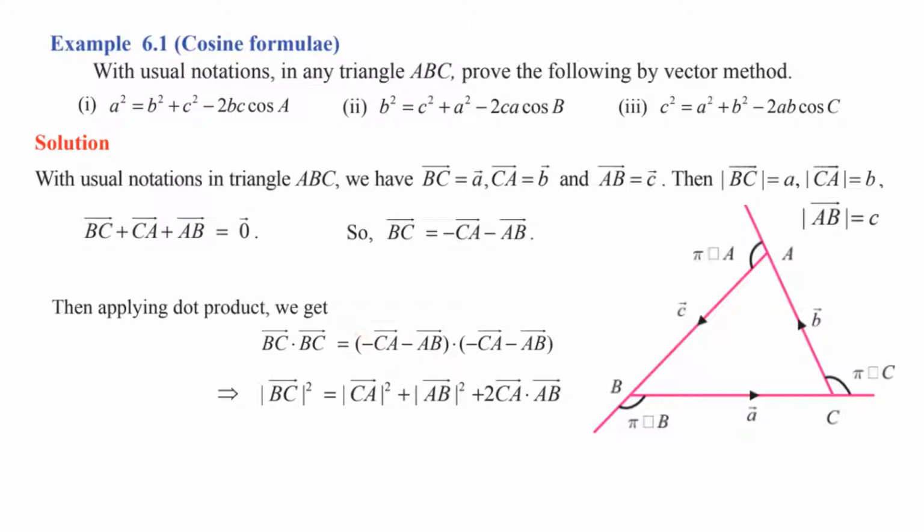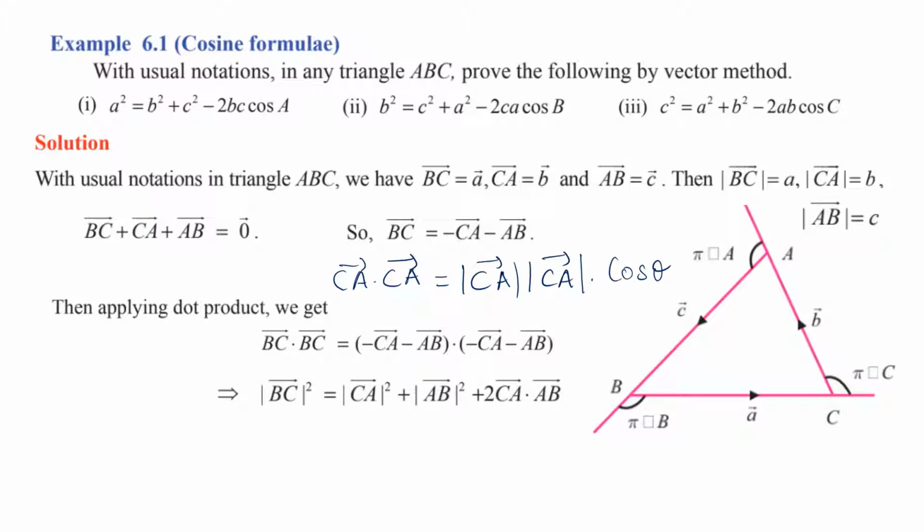Now, let me just narrate this for you. You have CA vector times CA vector. This will be equal to magnitude of CA times magnitude of CA times cos theta, which is the angle between the two vectors.